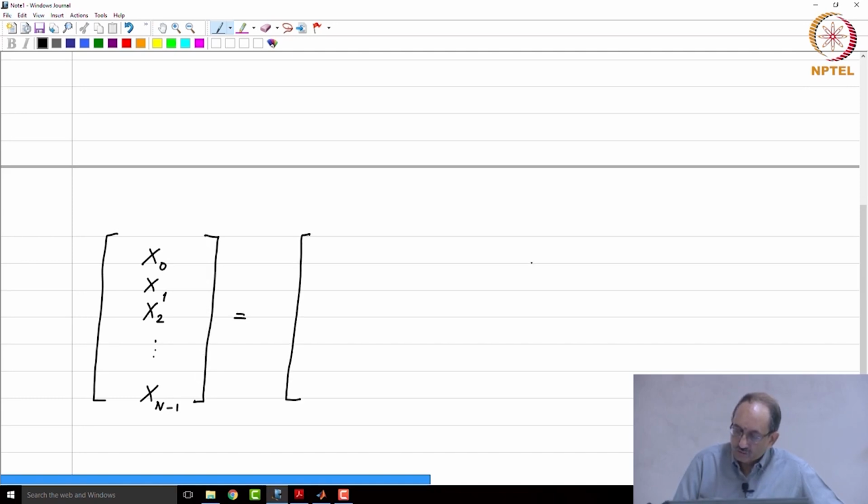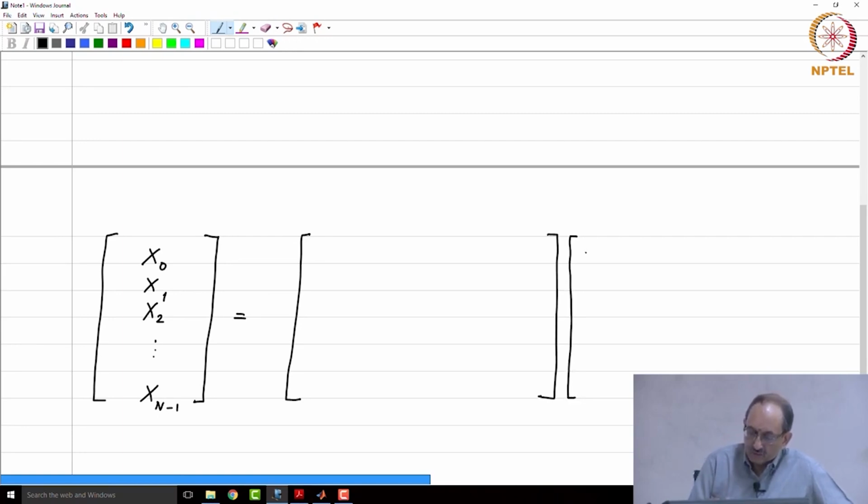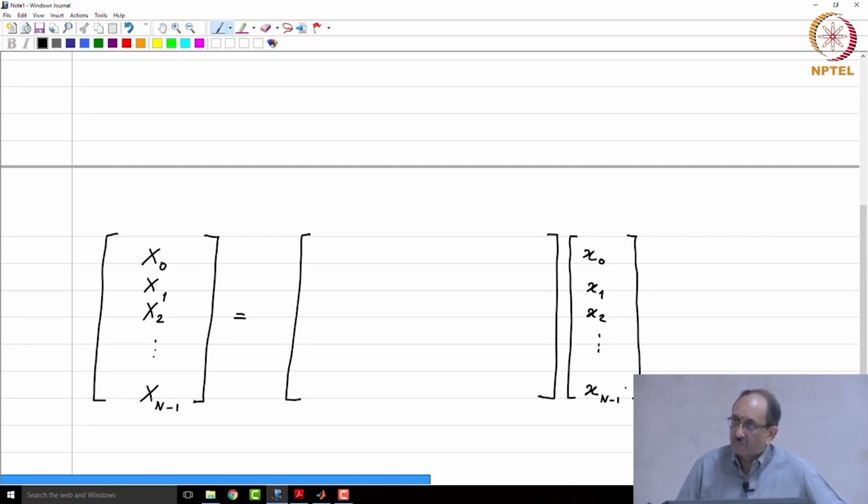For each value of k, you have an inner product. One of the vectors is fixed, and that is little x, given by x0, x1, x2 up to x of N minus 1. This is what is called your data vector. The other vector is generated by e to the minus j 2 pi k little n by cap N, and then for each inner product you are going to vary little n.